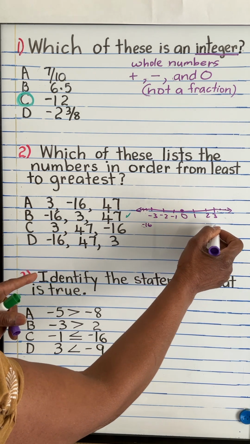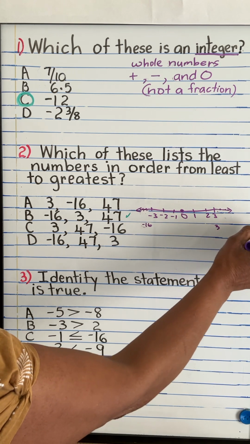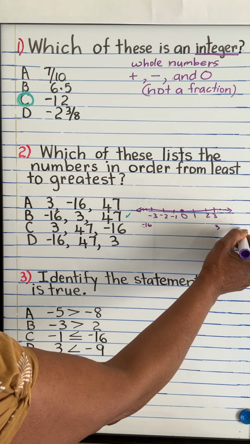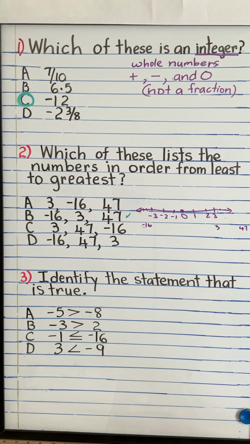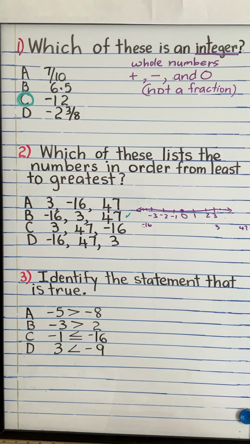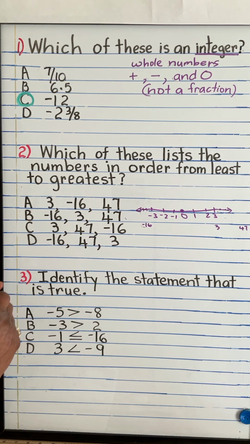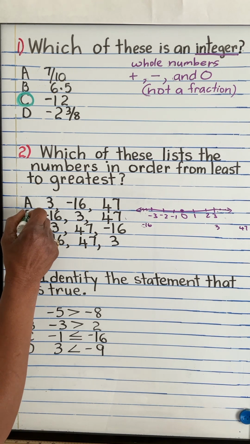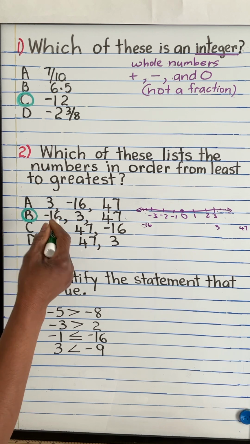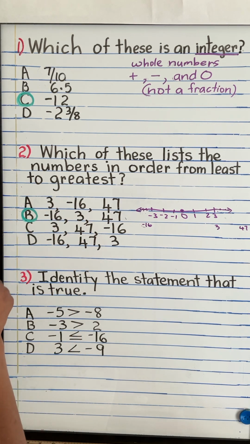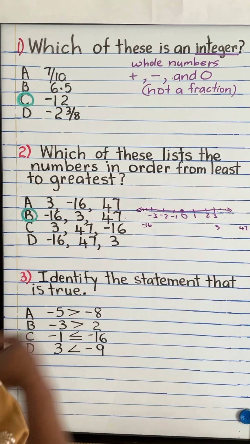Then 3 is right here, and then 47 would be somewhere all the way to the right. So we know that our correct choice is B. From least to greatest: negative 16, 3, 47.